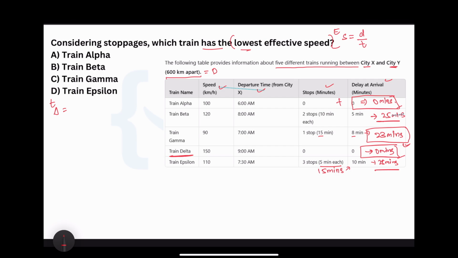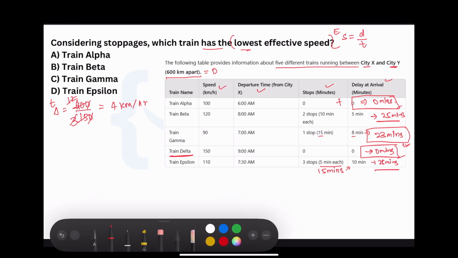Okay, so speed 150, distance by speed: distance we have 600, speed we have 150. So if you remove the zeros, you have 60 by 15, which gives 4. So the unit is hours, because the kilometers will cancel out.